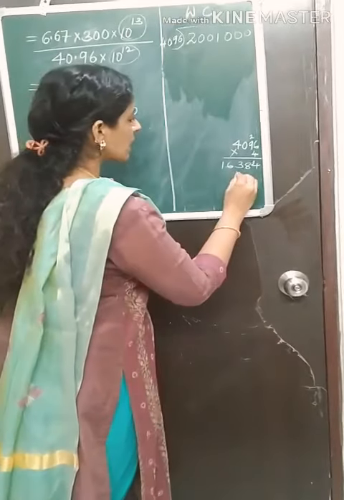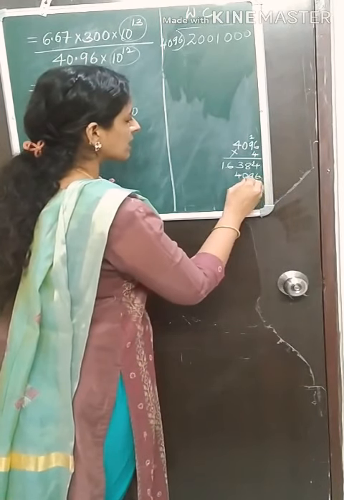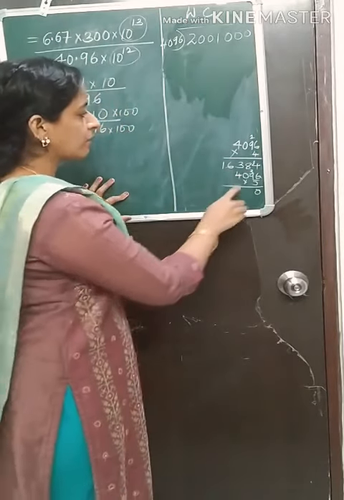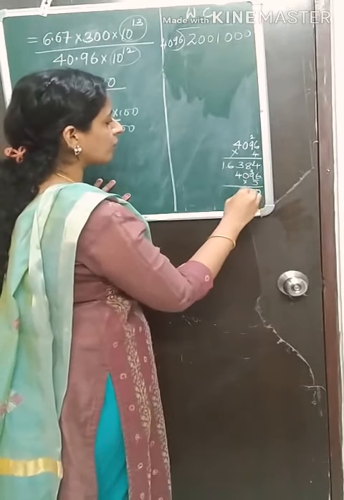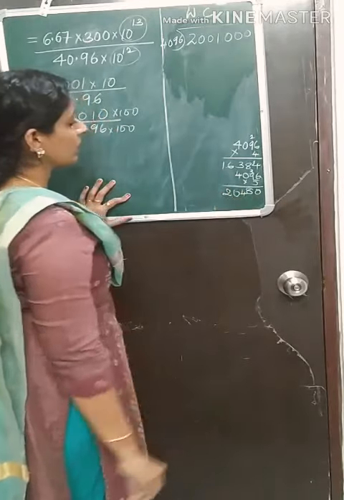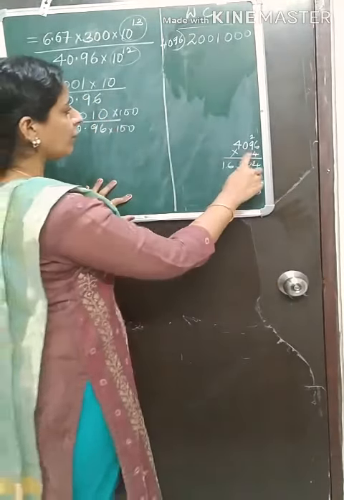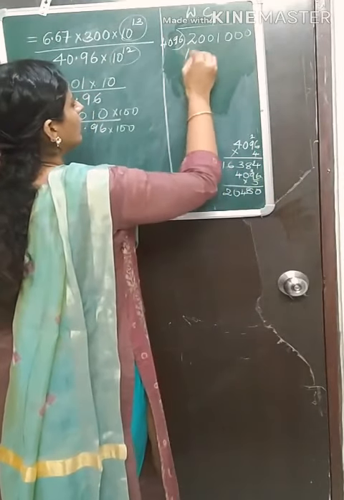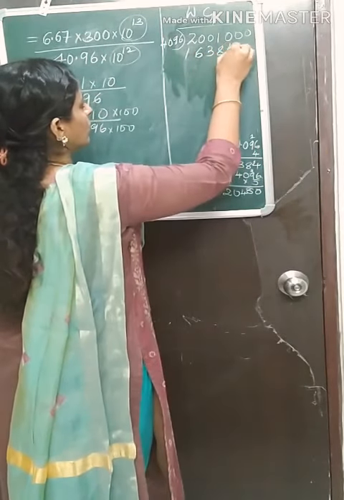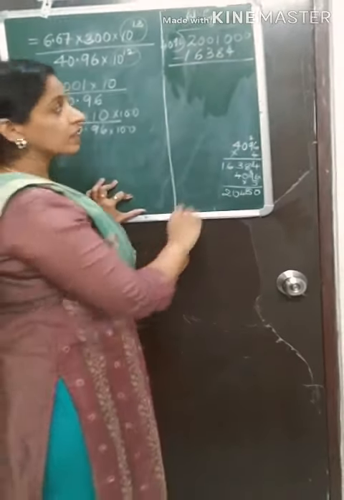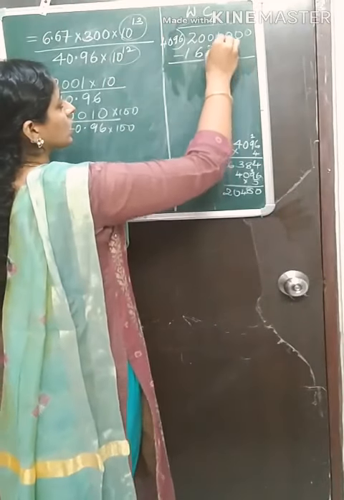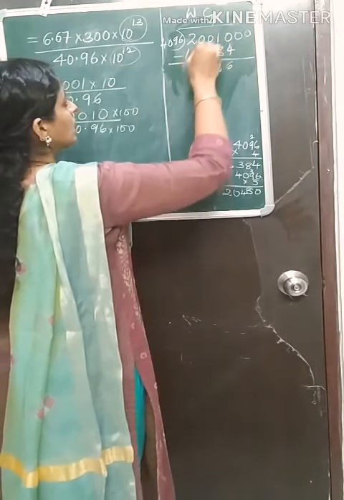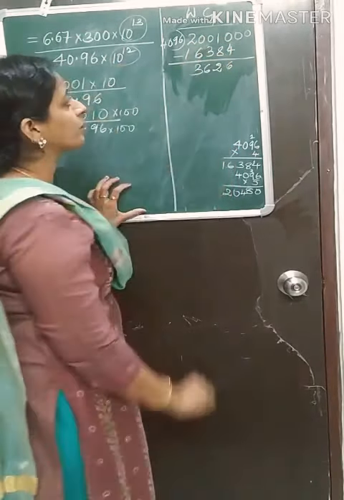We'll try for 5s, 4096 5s: 5 6s are 30, carry 3, 9 5s are 45, 48, carry 4, 5 4s are 20. It's a bigger number, so we'll go for 4s. 4 4096s are 16384. Subtract: 10 minus 4 is 6, 10 minus 8 is 2, 9 minus 3 is 6 and 9 minus 6 is 3.